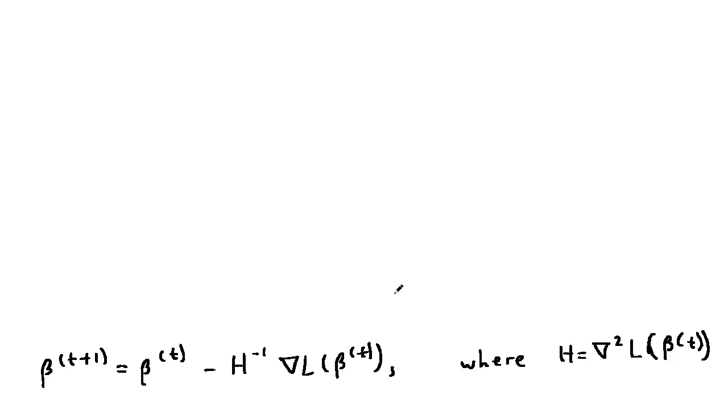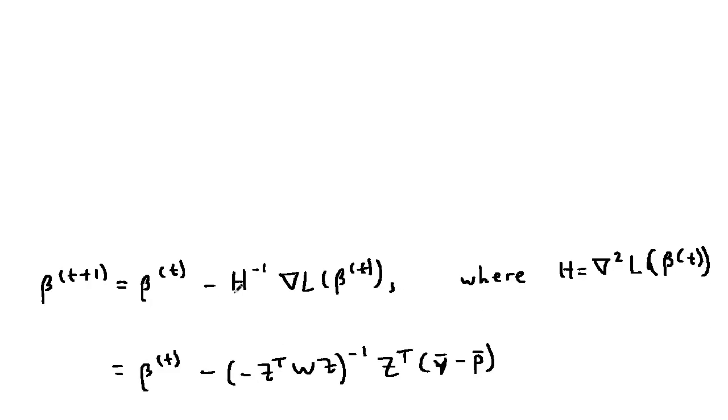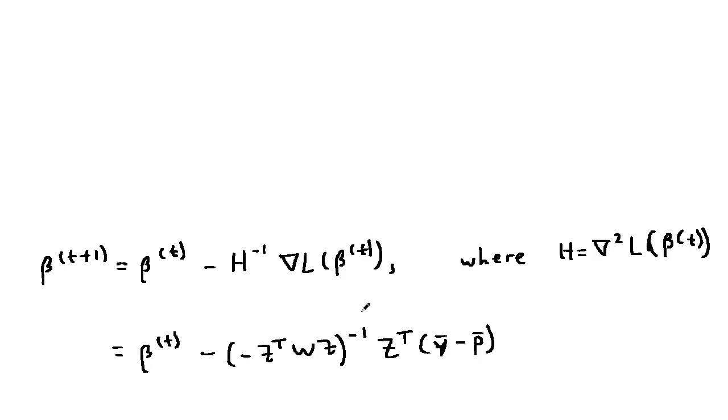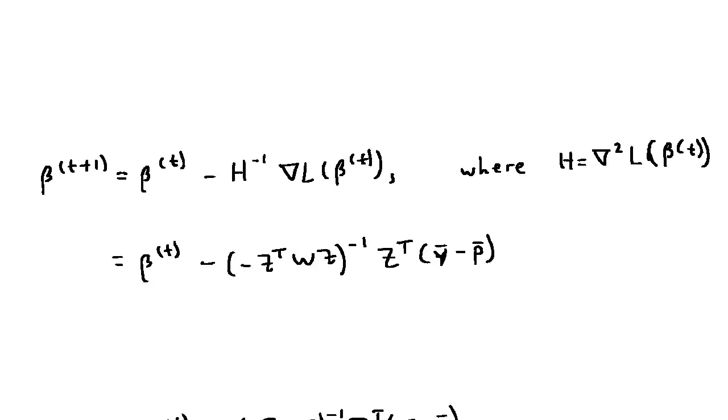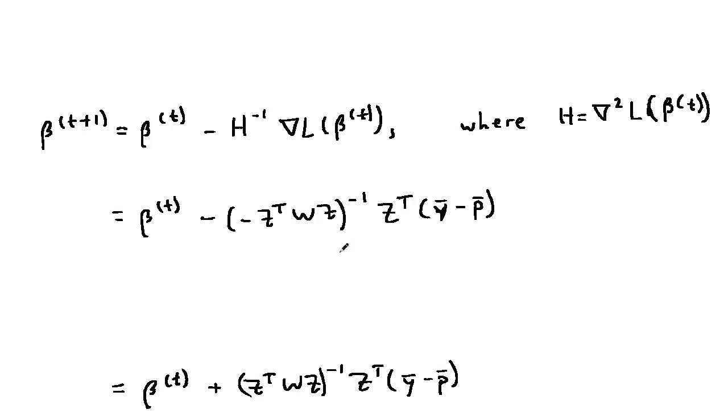Okay, so we can rewrite this as what we have here, because H is given by this, and the gradient of L is given by this. Where we substitute beta equals beta t in P and W. Okay, so this simplifies to this, pulling the negative sign out.